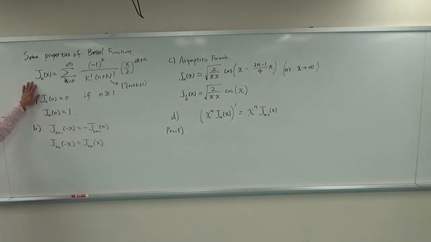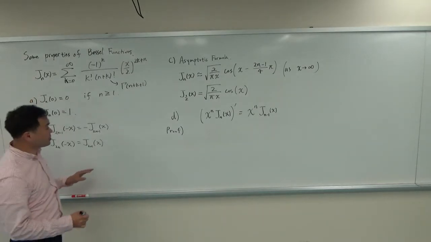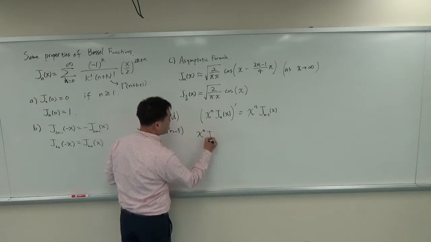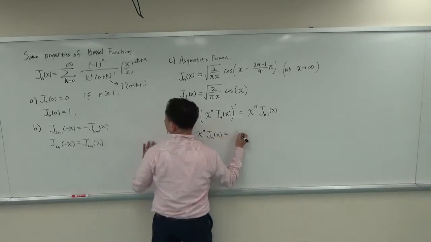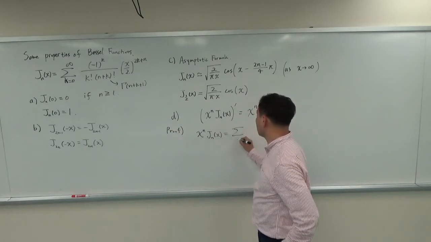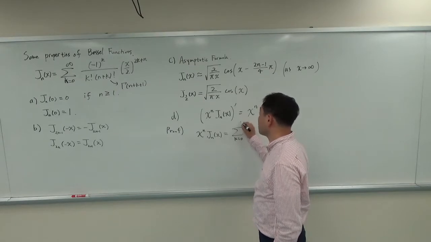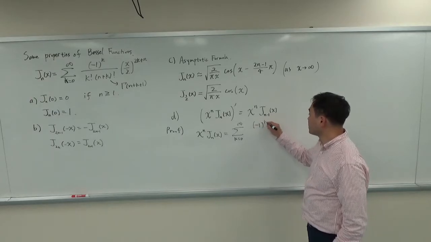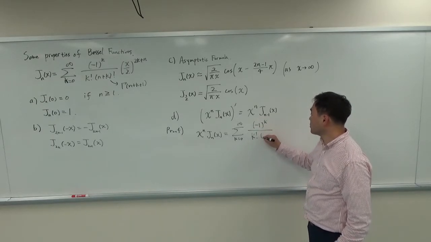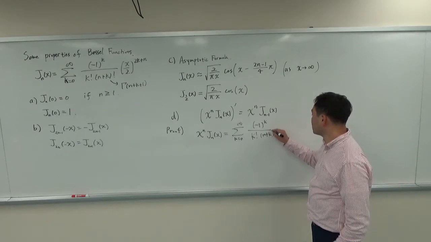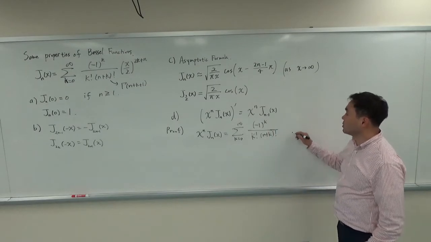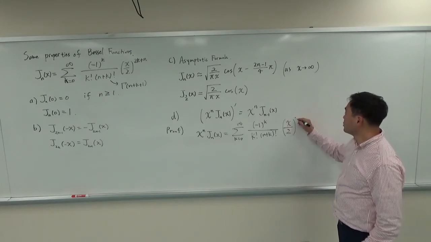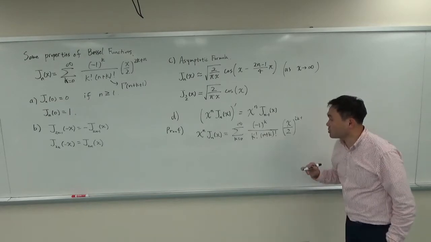So it's just a straight up calculation from here. You just put that there. So if I have x to the n times Jn of x, it's going to be equal to the summation k goes from 0 to infinity of (-1)^k over k factorial (n plus k) factorial, and you have x over 2 to the 2k plus n, but let's do this.